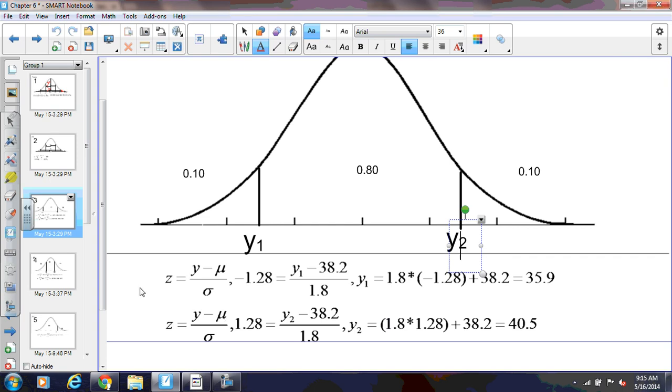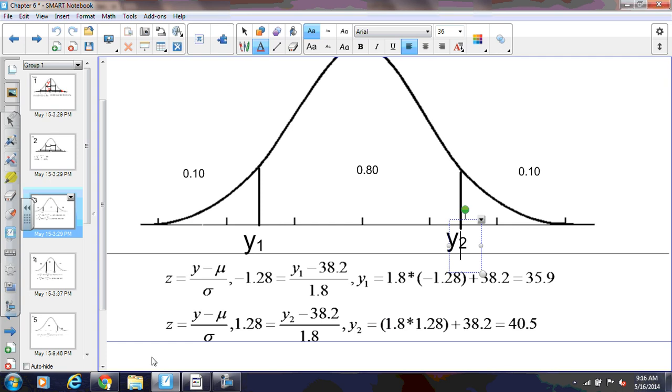To do this, we're going to need to find out what z-score corresponds to the area less than y1, which that area would be 0.1, because if the middle 80% is here, then we have to split the remaining 20% into the two tails. We're also going to need to find the z-score for the area that is less than 0.9 for y2.